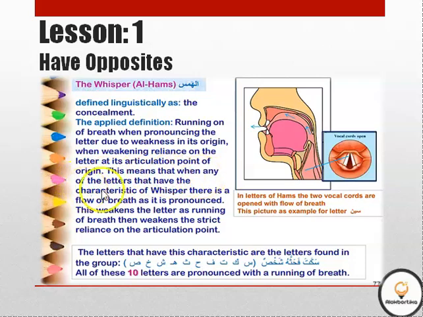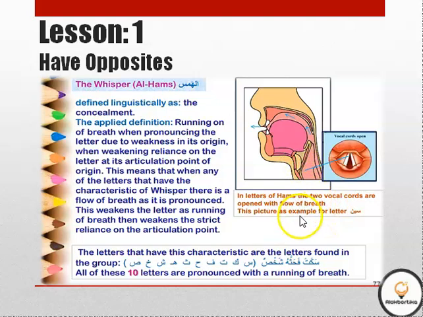This means that when any of the letters that have the characteristic of whisper is pronounced, there is a flow of breath. The breathing will flow, it will not stop. This weakens the strict reliance on the articulation point. Here is a picture showing that in the case of letters of hams, our vocal cords in the throat are open with the flow of breath.